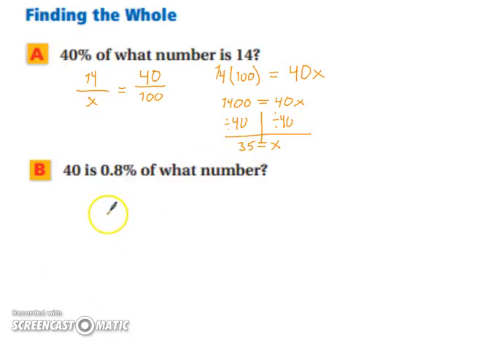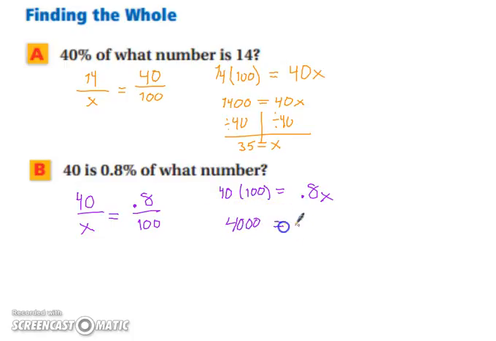Try this next one on your own, and then check your answer. Alright, so let's try this together. We have 40 over our whole equals 0.8 over 100. So we can cross multiply. We have 40 times 100 equals 0.8, or 8/10, times x. So we move the decimal 2 places.